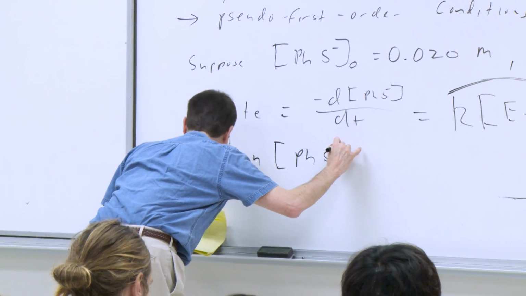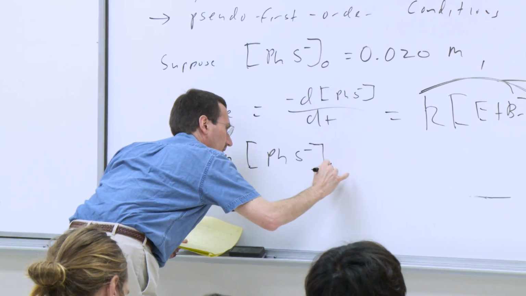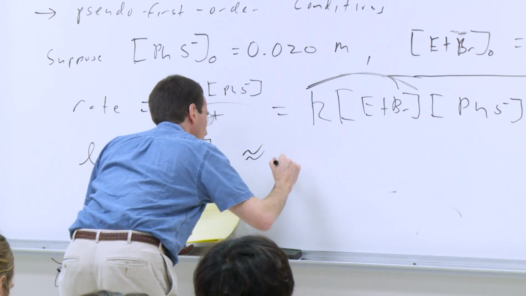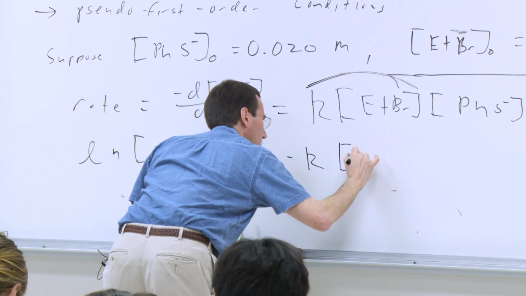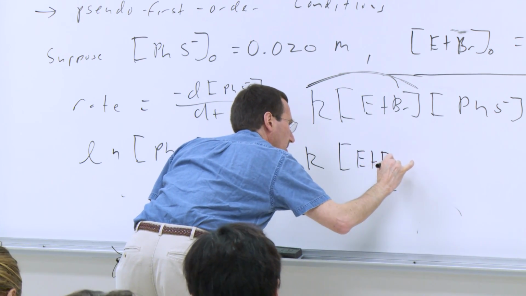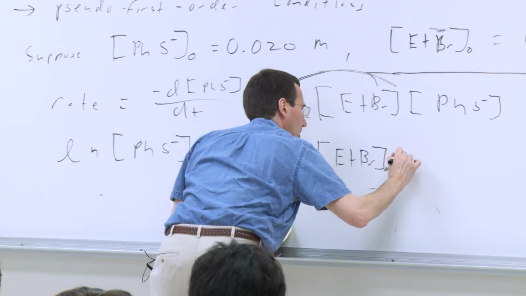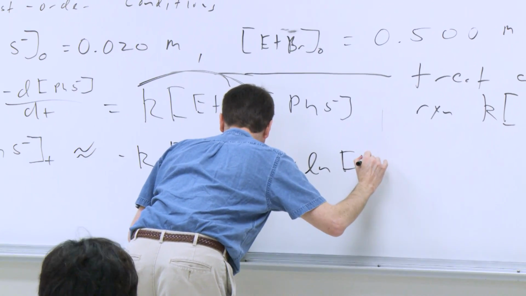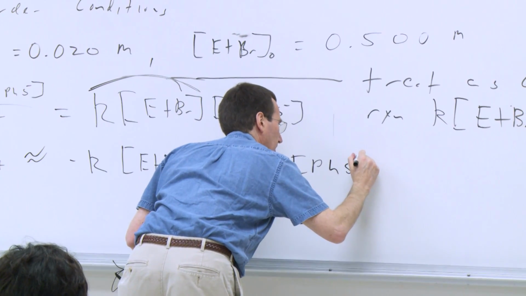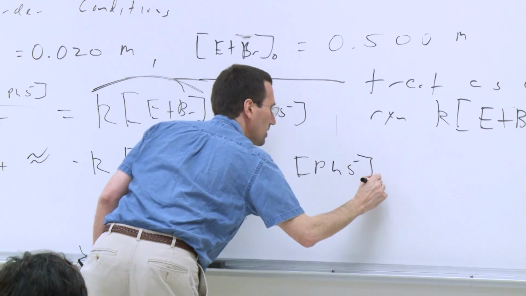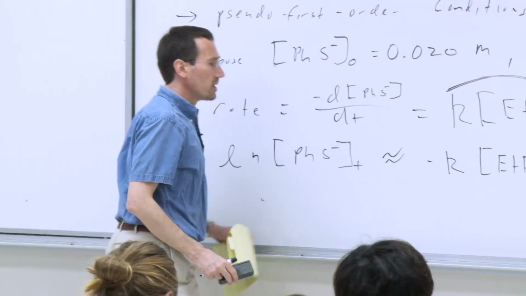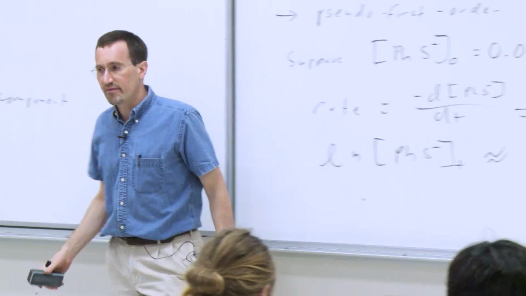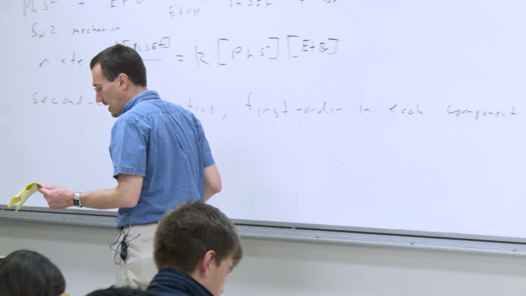Log of benzene thiolate at time t is approximately equal to, within a few percent, negative k times concentration ethyl bromide naught times t plus the log of the benzene thiolate concentration at time 0. In other words, we have just grouped these two together, and now we have the same equation that we had for first order kinetics.